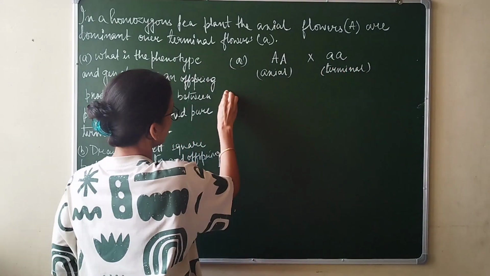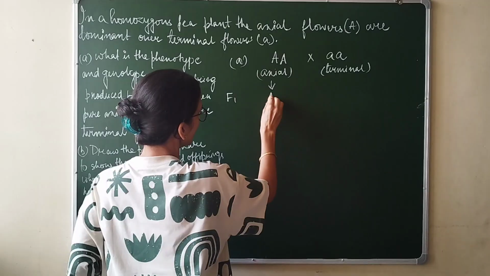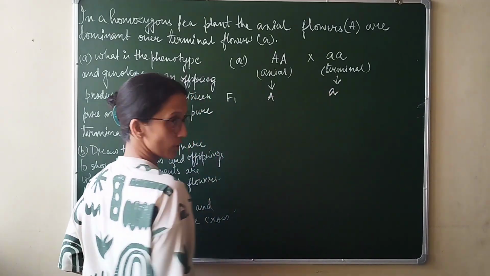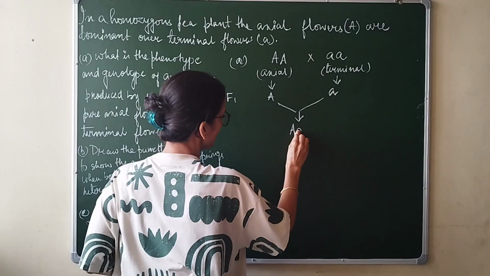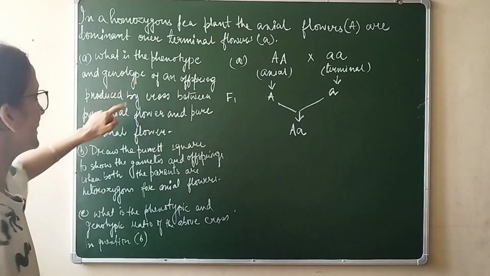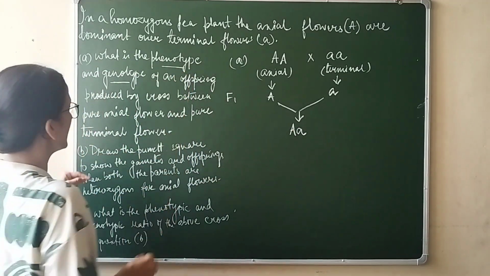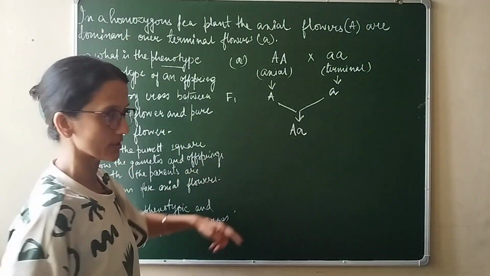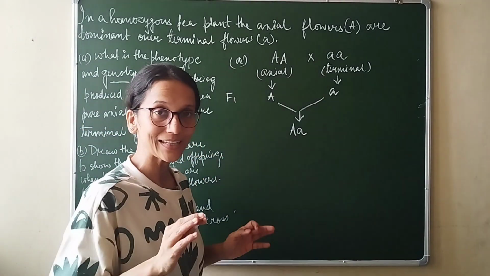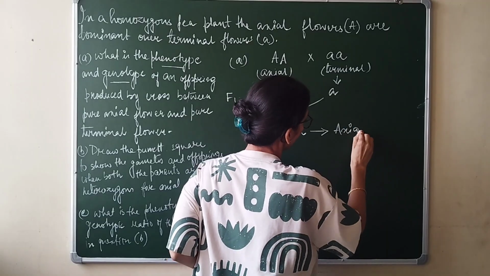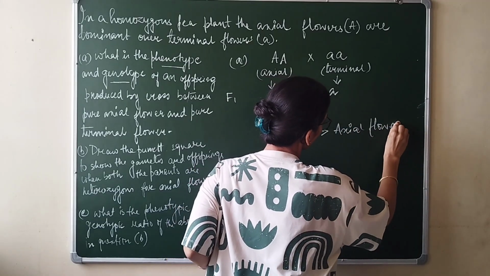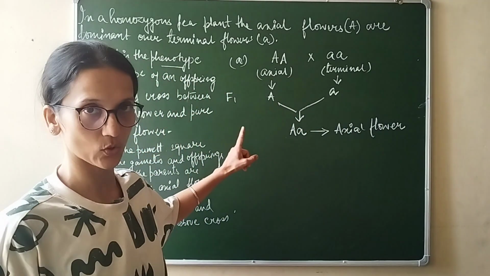Now in the F1 generation, first the gametes produced are capital A and small a. So the F1 generation is going to be capital A, small a. They have asked you to write the genotype and the phenotype of the offspring produced by the cross. So the genotype is capital A, small a, and the phenotype is axial flower. So we have finished attempting the first question.